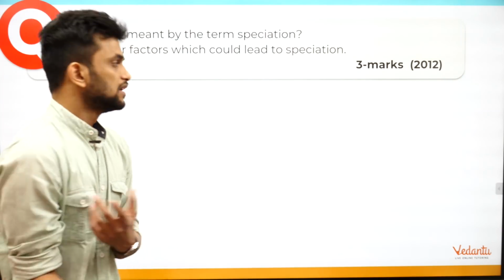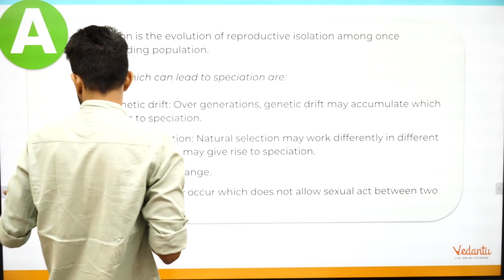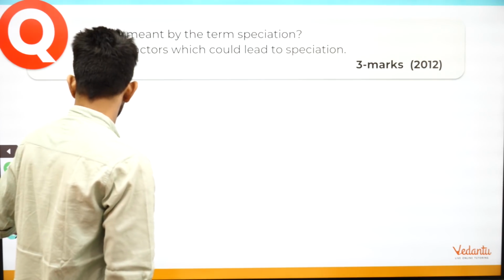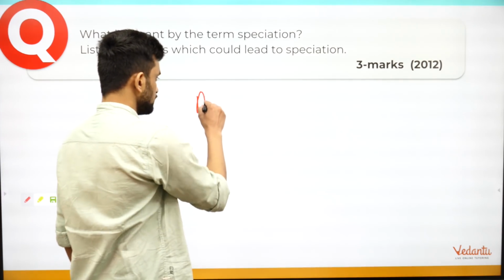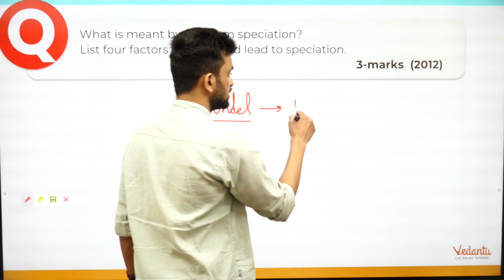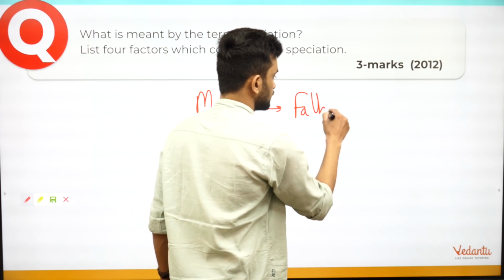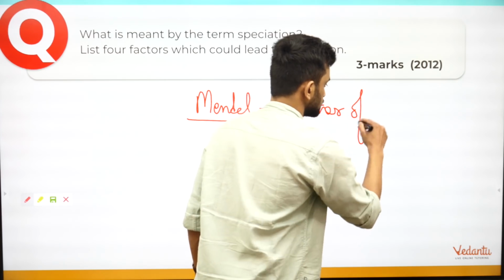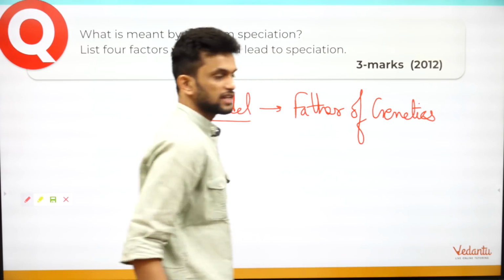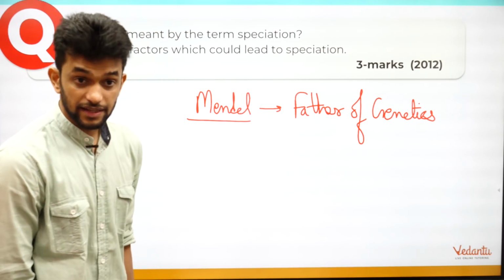Then there is Mendel's Law. You people had doubts regarding Mendel's Law. He is called the father of genetics.